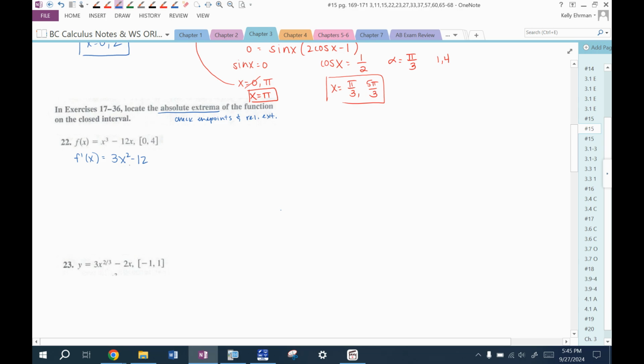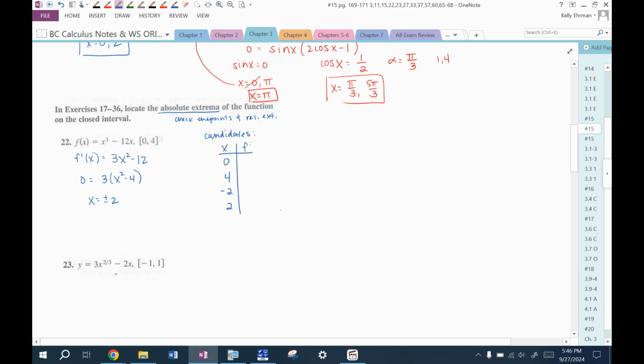Okay, so 3x squared minus 12. So a critical number, if I factor out a 3, I get x squared minus 4. So the critical numbers are plus or minus 2. So there's potential for a relative max or min at plus or minus 2. And the candidates that we're looking for, you don't have to write candidates, but the potential values for which we have absolute extrema are at the endpoints, so 0 and 4, or at the critical numbers, negative 2, positive 2.